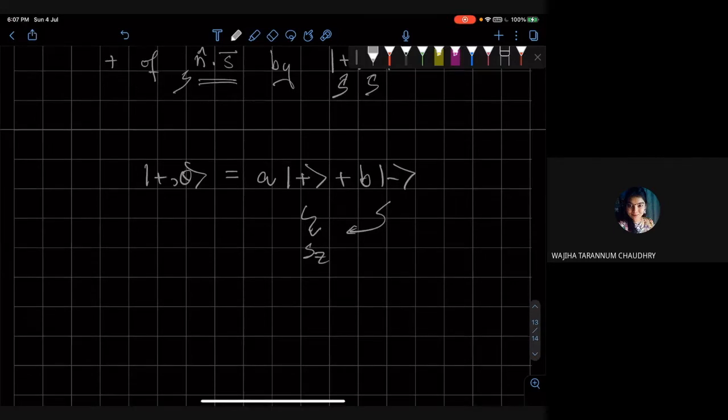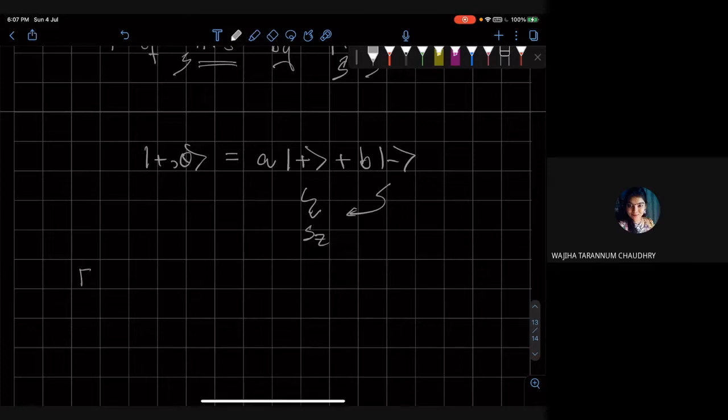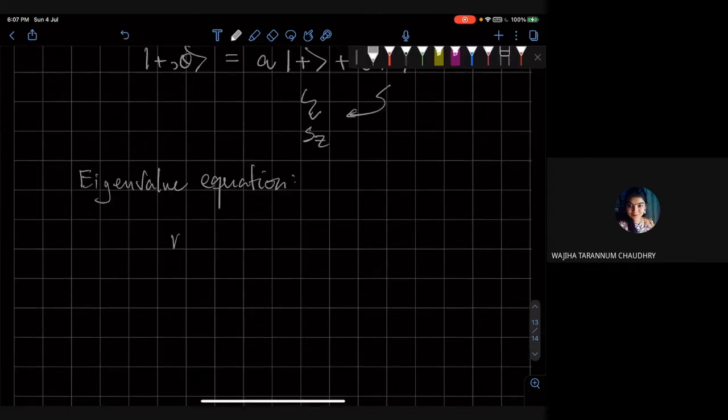So this is the vector we want to find. Let's look at the eigenvalue equation: n hat dotted with S acting on plus theta is going to give me plus half plus theta.